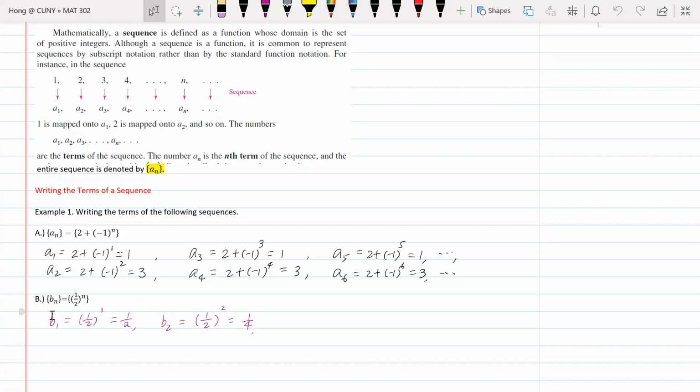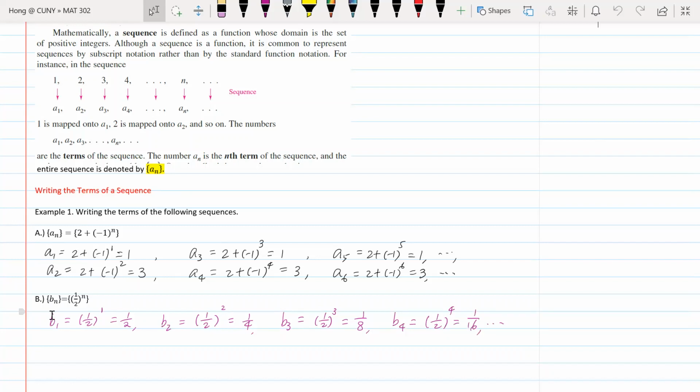B3 equals 1 over 2 to the third power, which equals 1 over 8. How much is b sub 4? B sub 4 equals 1 over 16. So b sub 5 equals 1 over 32.